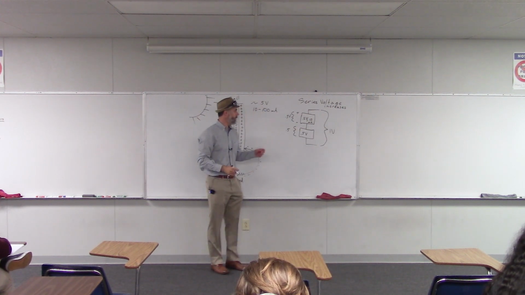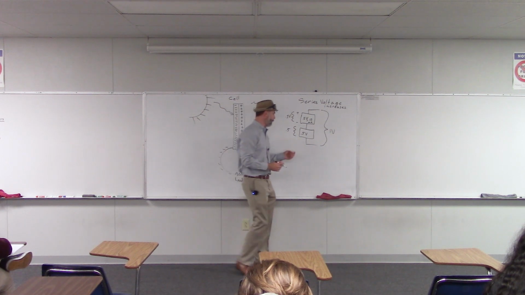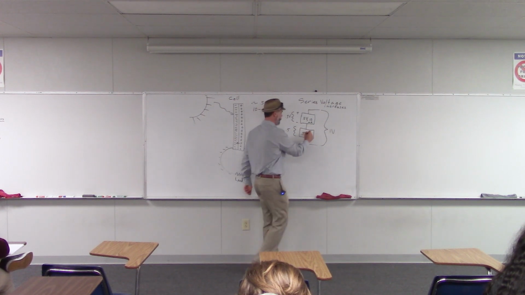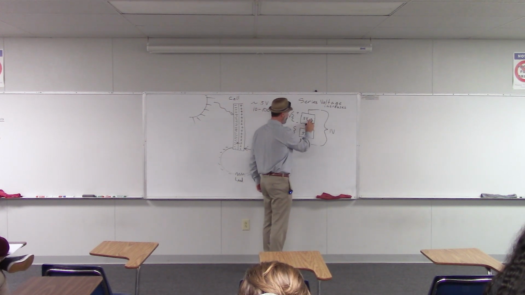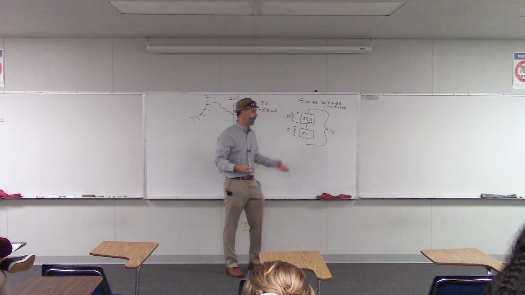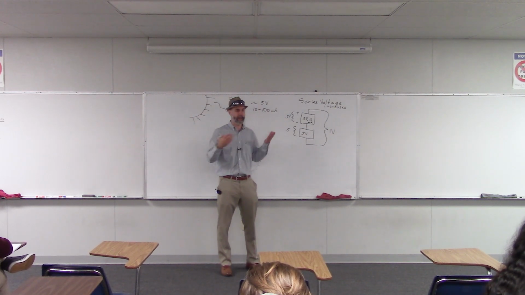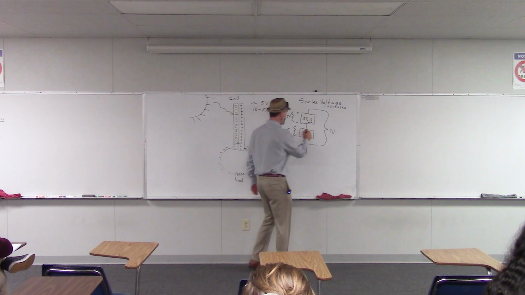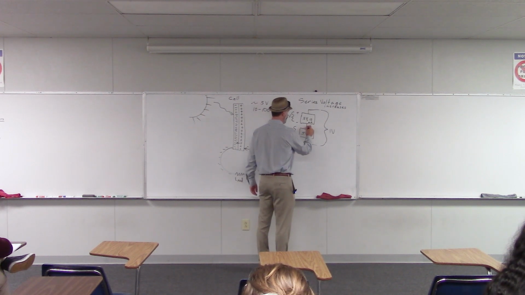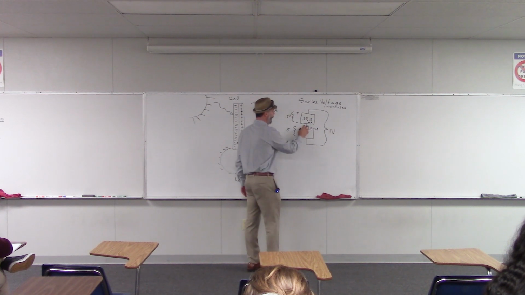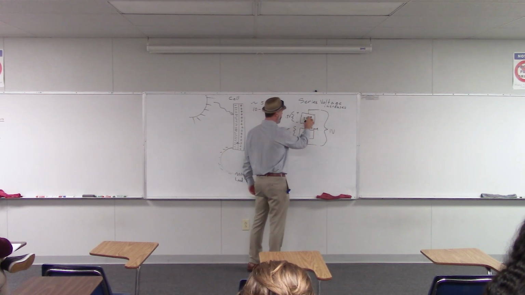But let's look at the current. Each one of these cells produces 10 milliamps. So that means that it needs to have 10 milliamps flowing out and 10 milliamps flowing back in. So this first one would have 10 milliamps flowing out, and then that same 10 milliamps would flow into the second one.